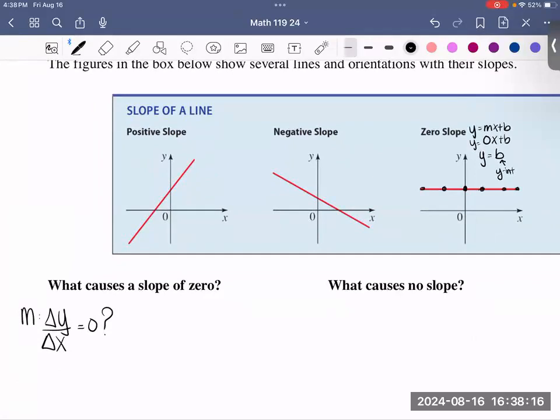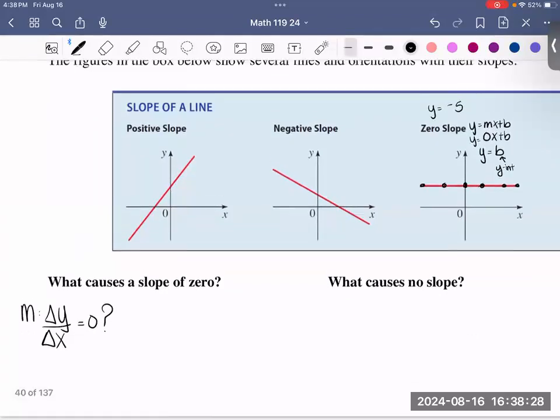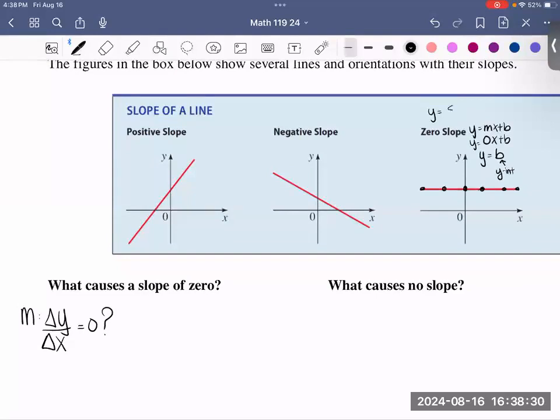Now, the reason why we can say it's equal to 0 is because no matter where on your graph, your y value, is it changing? No, just like the last time when we said y is equal to, I want to say it was positive 5. Or no, this one was negative 5 in our last one, right? Well, I guess for this purpose, we'll call it just positive 5, right? No matter what your coordinate is, your y value is the exact same.